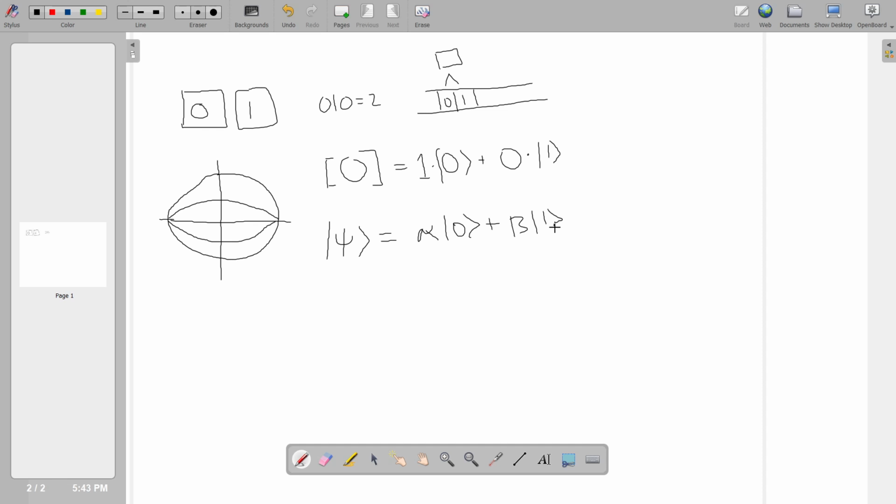If this is a sphere, we have the traditional 0 and 1. So this might be 0, the top, and this might be 1. We have a vector that represents this wave function. So it represents 0 here, represents 1 here, but it can be anywhere on the sphere. Might be pointing out here, might be pointing down here.